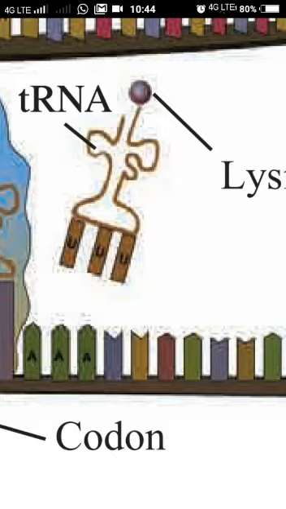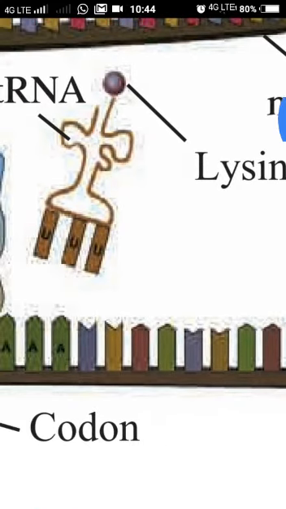Opposite to adenine in RNA is uracil. There is a pair of adenine and uracil. So opposite the adenines, there is uracil, uracil, uracil. This tRNA is bringing one of the amino acids, that is lysine. Lysine is one of the amino acid molecules which it is carrying.